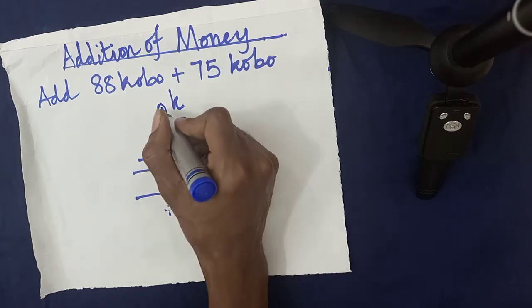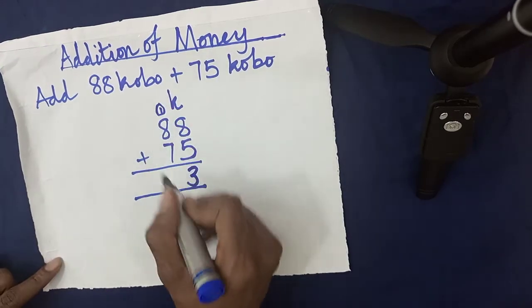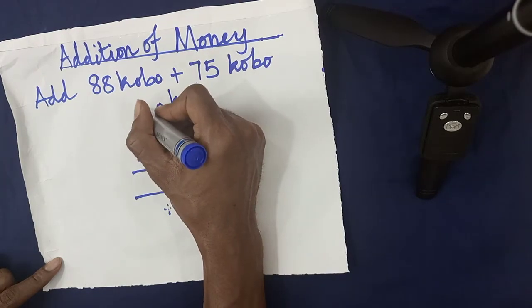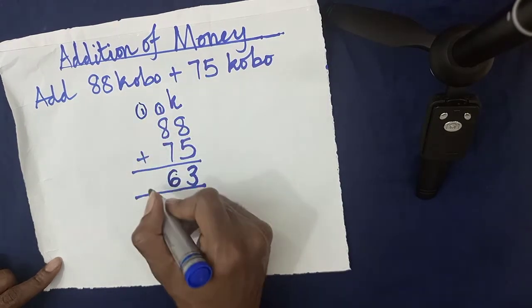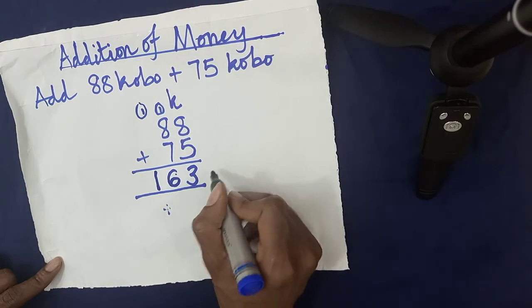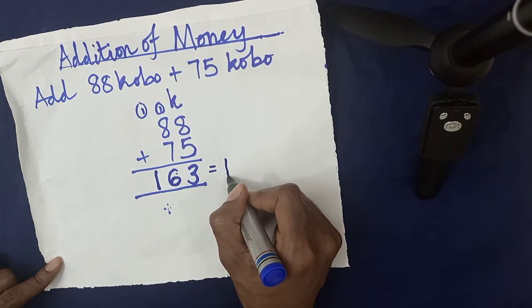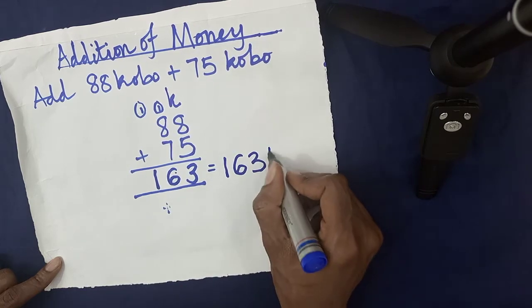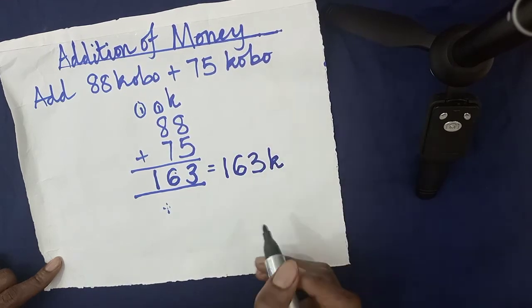Now 15 plus the 1 we carried is 16, so we write down 6 and we carry 1 over. There is no number to add to 1, so we write down 1. So our answer is 163 kobo. Of course, we can leave our answer as 163 kobo, or we could change it into naira.